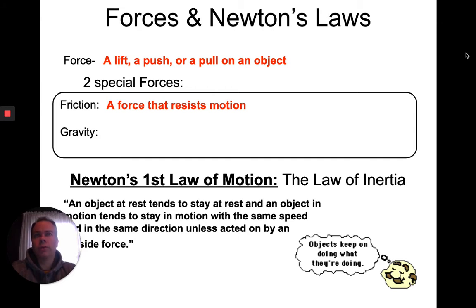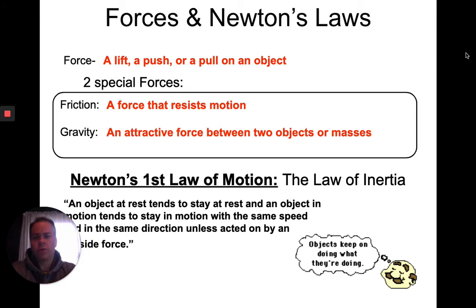Another important force that we'll be talking about is gravity. We learned about gravity a little bit when we talked about mass. Gravity is an attractive force between two objects. And we learned previously that the force of gravity depends on the mass of the objects, and also the distance between those objects.